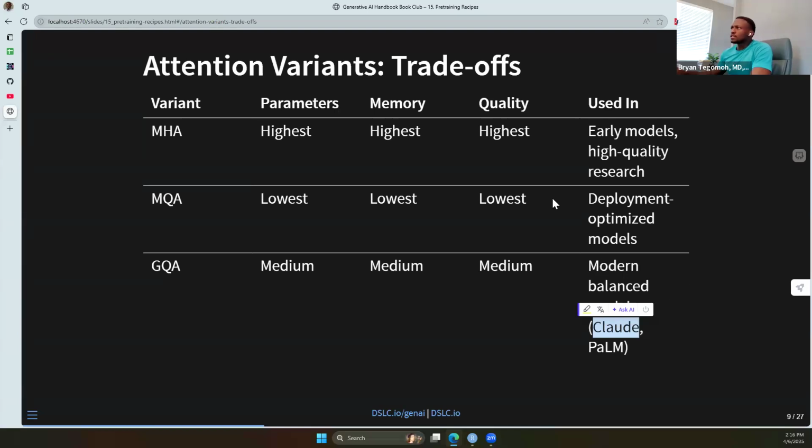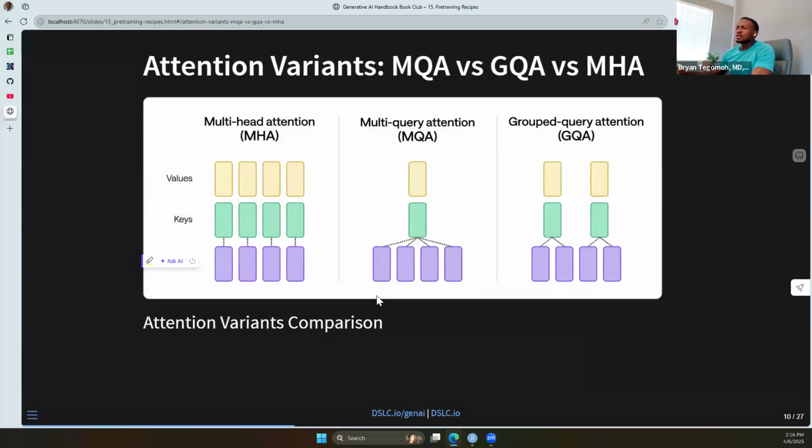But again, each of these models has its own advantages and disadvantages. You can see MHA has the highest parameters, MQA the lowest. MHA definitely requires the most memory, compute, etc. So that's how all three of them vary.